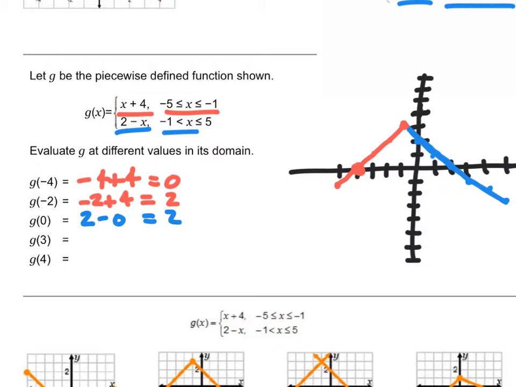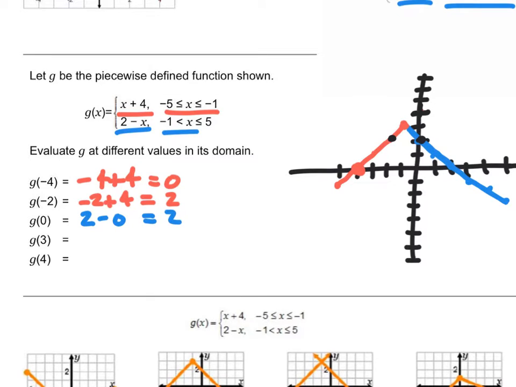So g of negative 2 and g of 0 are both 2 then? They are, but you get them using different functions. I mean, here's that point on that one. Here's the point on the other one. Okay? So, here's 0. 0 is in this interval between negative 1 and 5. So I have to plug it into this function. Okay. Does that make sense?